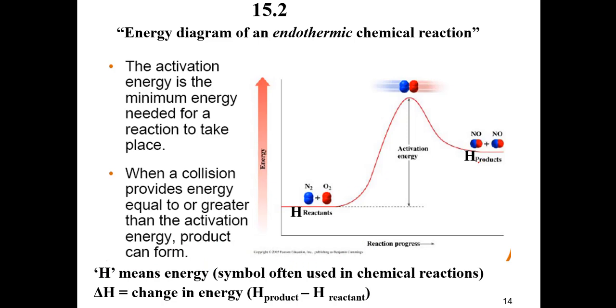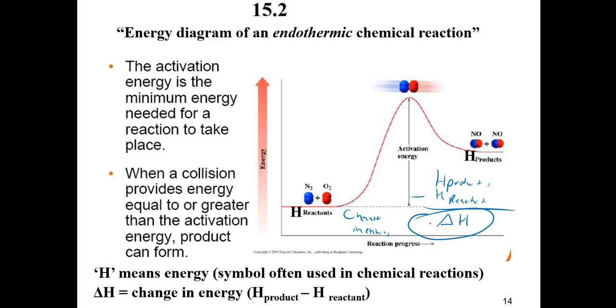Now, oftentimes when we figure out whether this is an exothermic or endothermic reaction, we take the enthalpy of the products minus the enthalpy of the reactants. And this gives us the change in enthalpy.